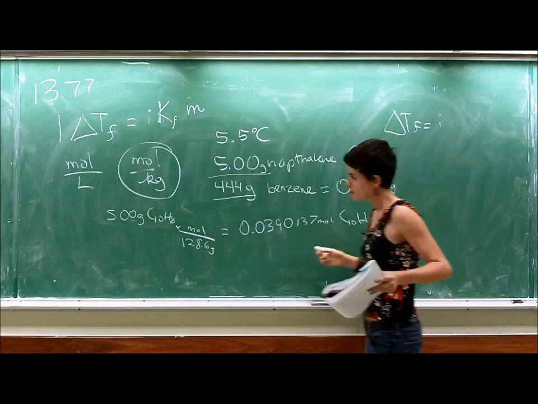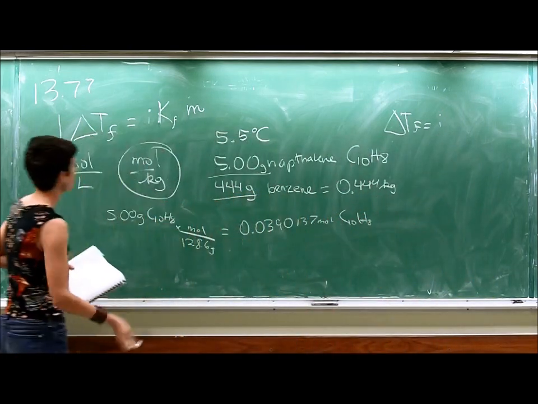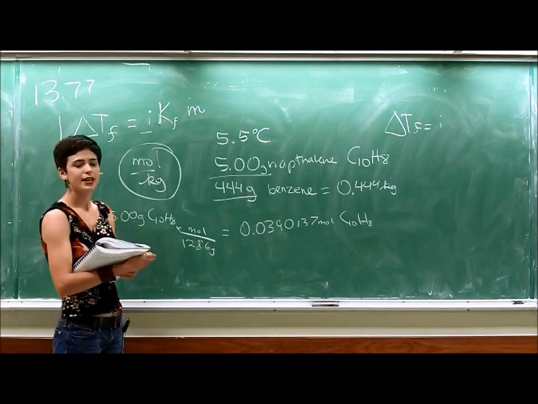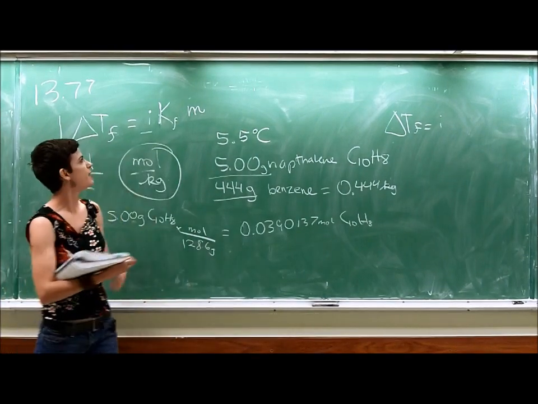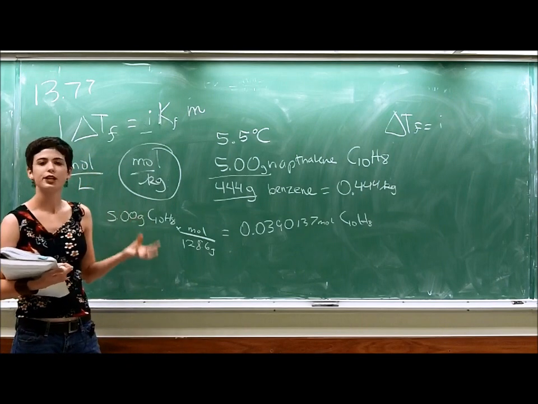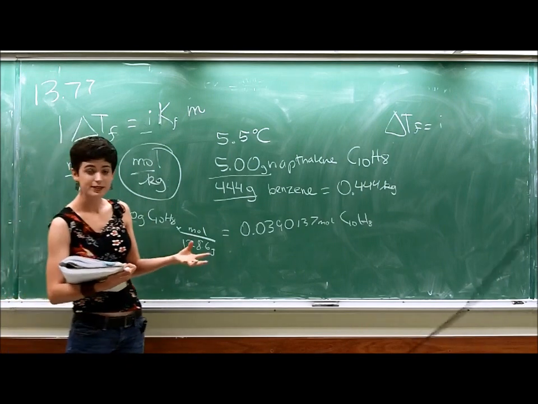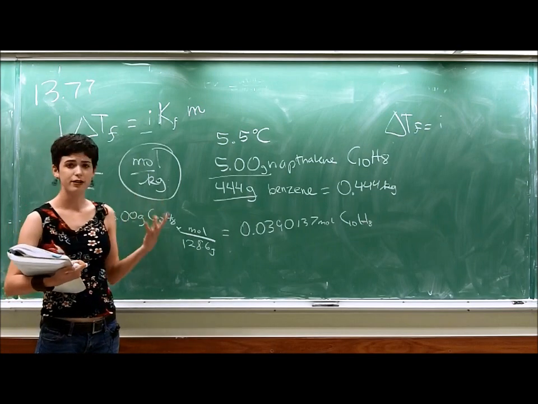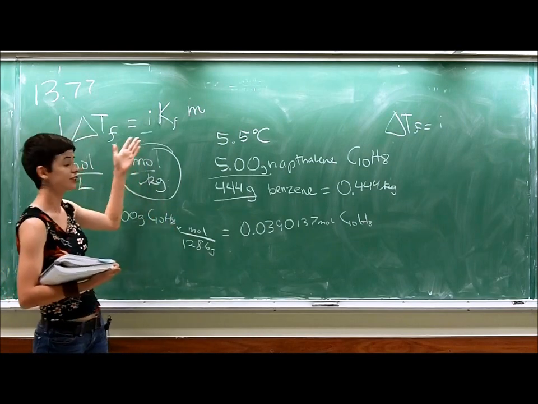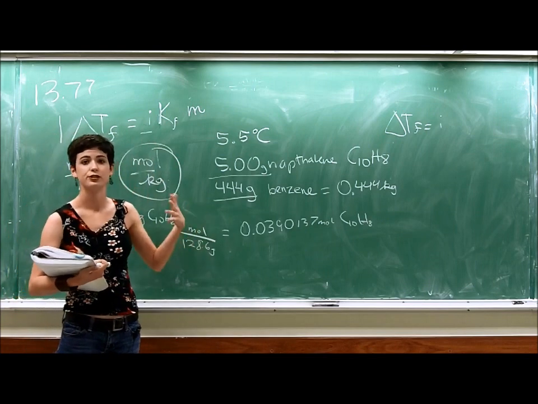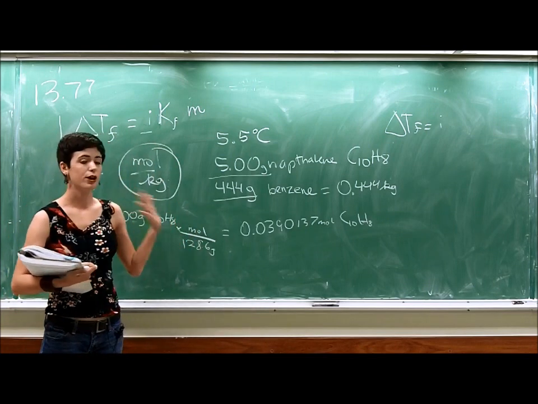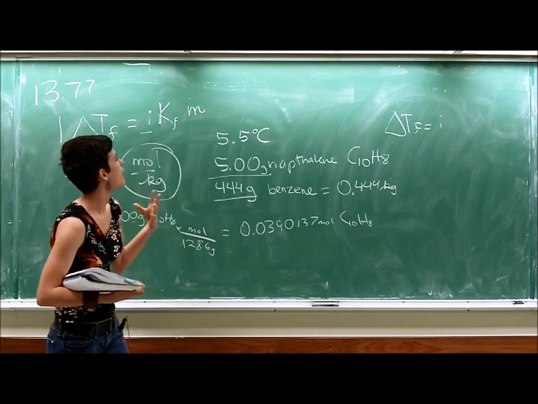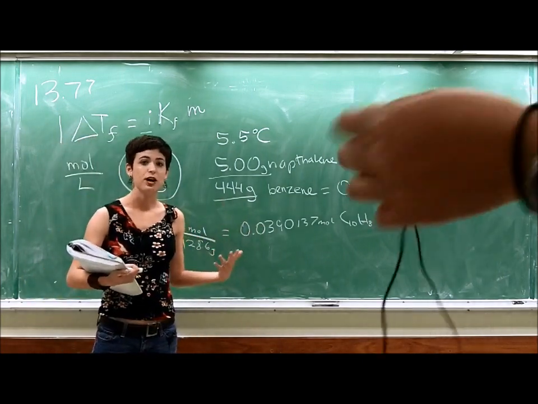I'm going to talk a little bit about the Van't Hoff factor i. The Van't Hoff factor is basically a correction factor for our colligative properties formulas where our non-electrolytes have a Van't Hoff factor equal to 1. We don't need to correct them because the correction factor is for electrolytes compared to non-electrolytes.